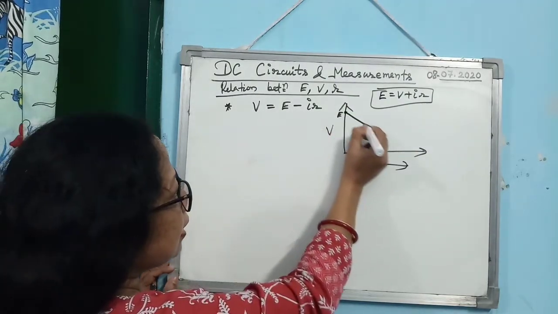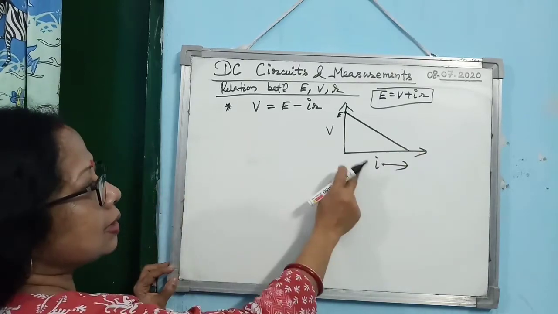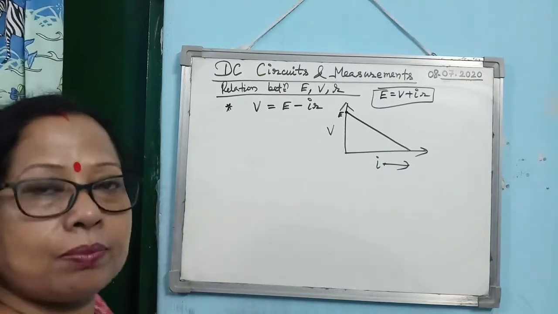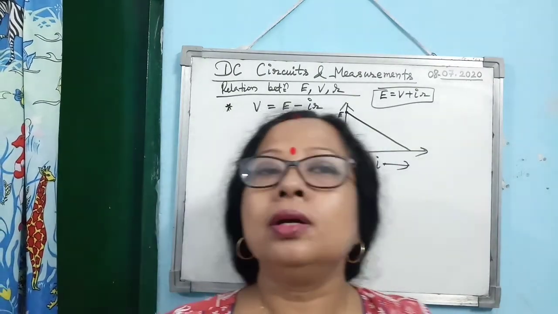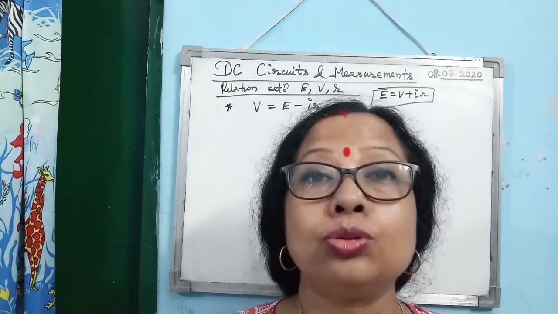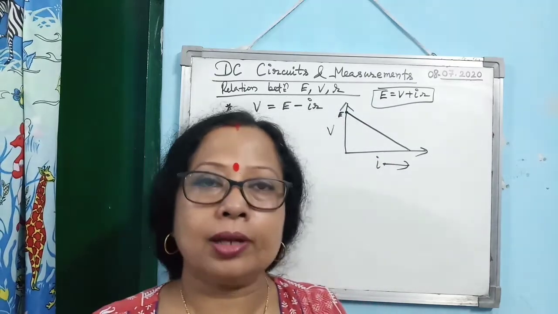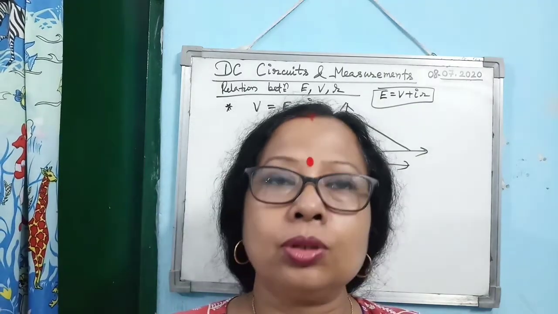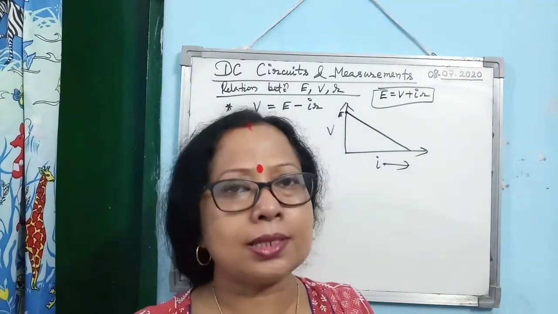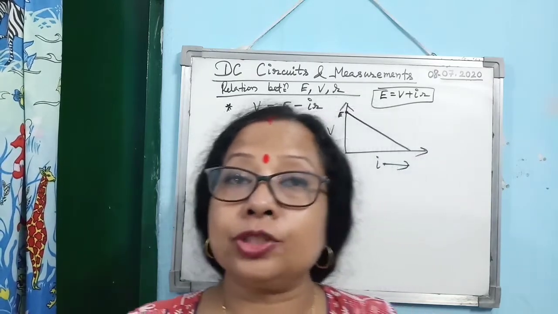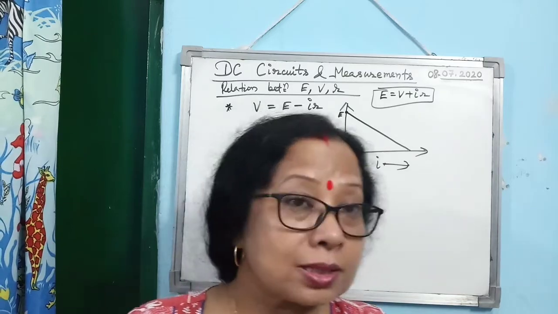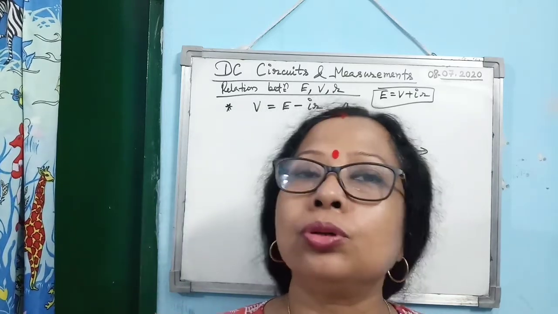V is decreasing. So this graph is very important, because if it comes in the exam, generally the most common mistake is made by those who do not study. Those who are serious about their studies cannot make this kind of mistake, but generally children do. That's why I am reminding you, don't make the mistake.